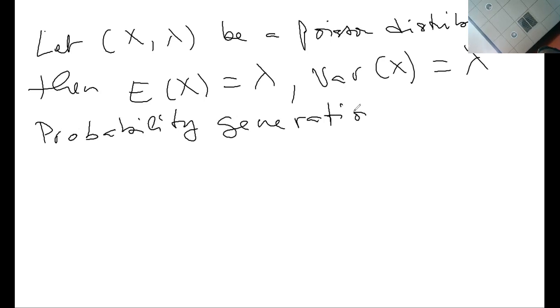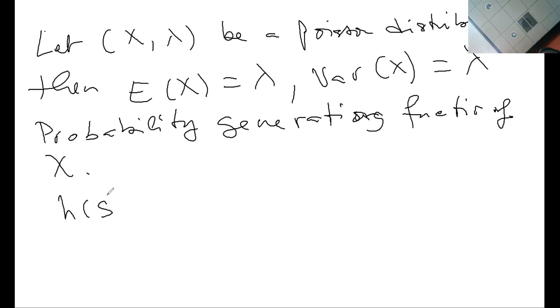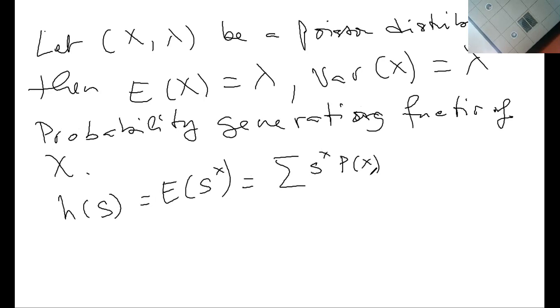generating function of x. The probability generating function is h of s equals E of s to the x, which is the sum of s to the x times probability of x. Sometimes I use k, sometimes I use x. But I use x because it's easier to write than k.